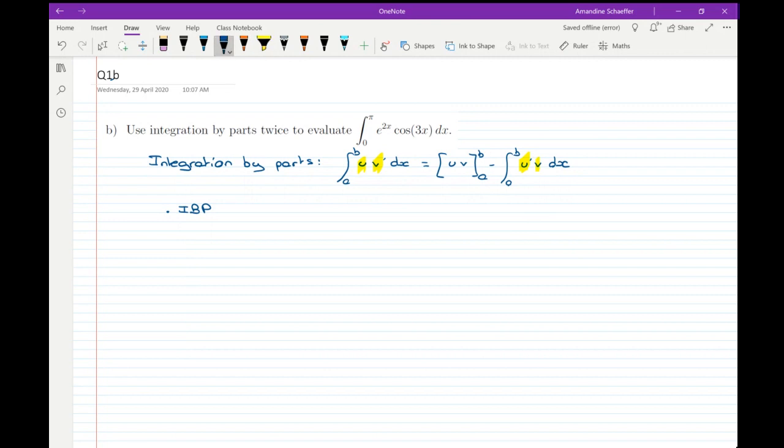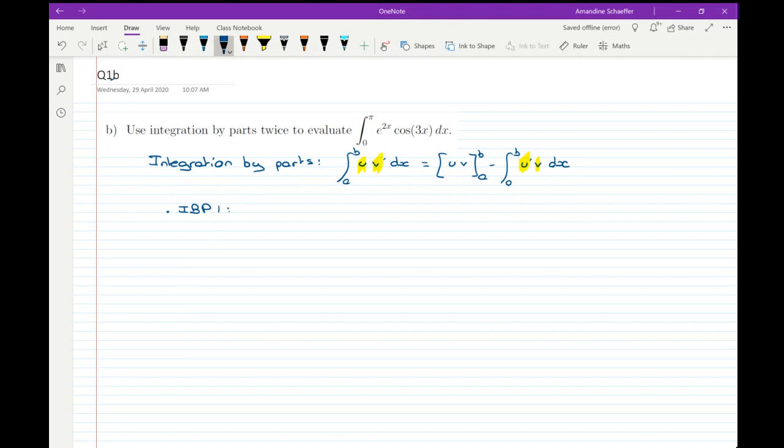But here we have an exponential and a cosine. So if we differentiate the exponential, we get an exponential. If we integrate an exponential, we get an exponential as well. So it doesn't really matter. And for the cos, if we integrate or differentiate, we end up with the sine. So you can see straight away that it's going to be hard to solve this integral.